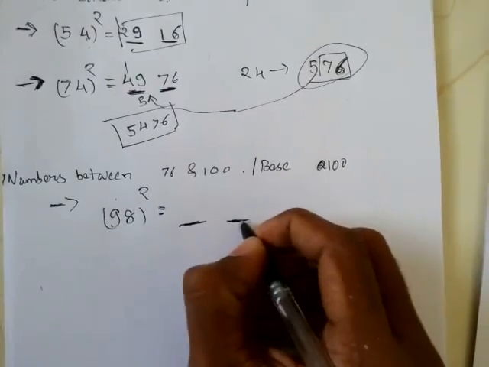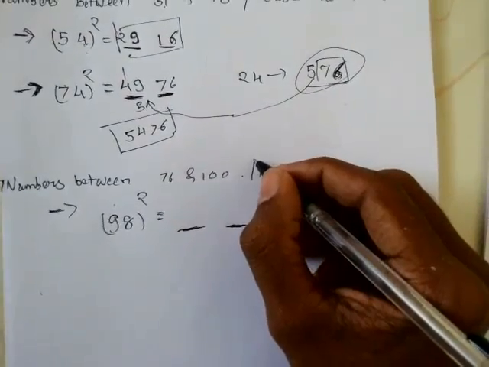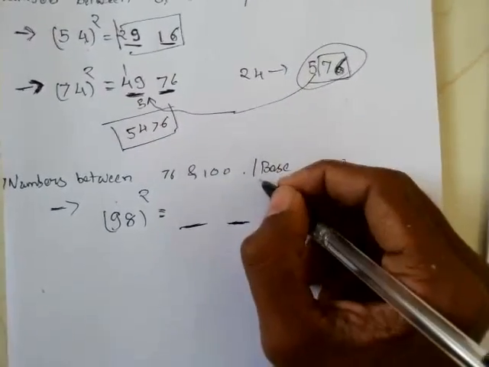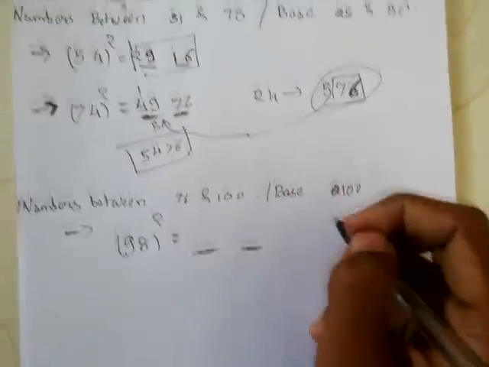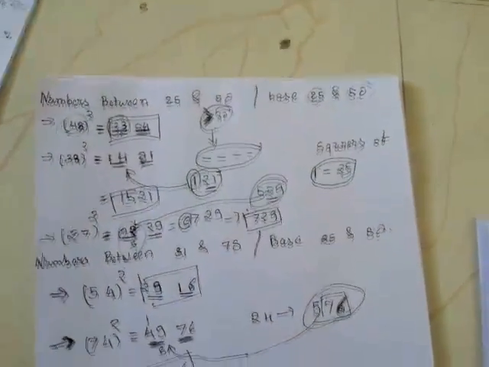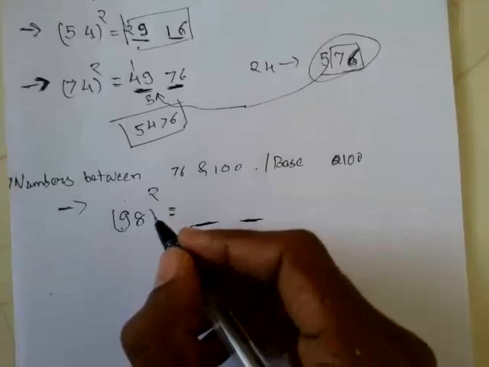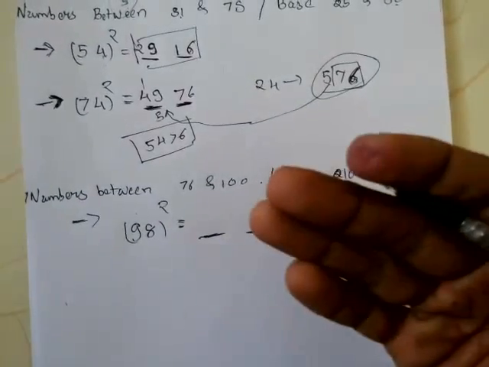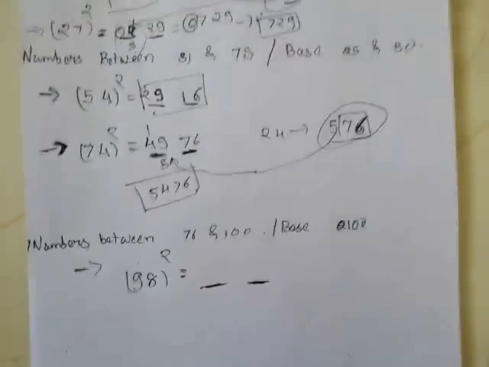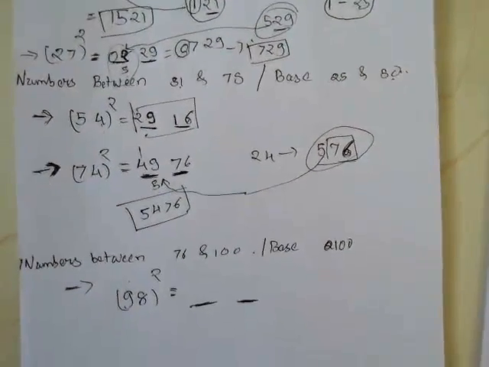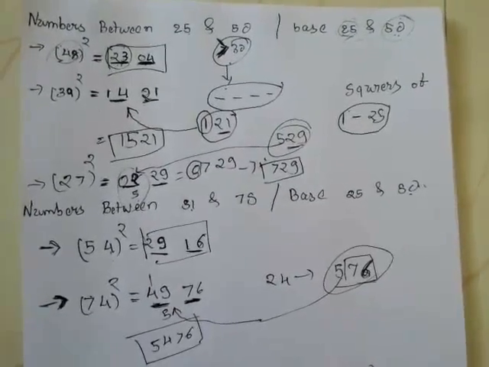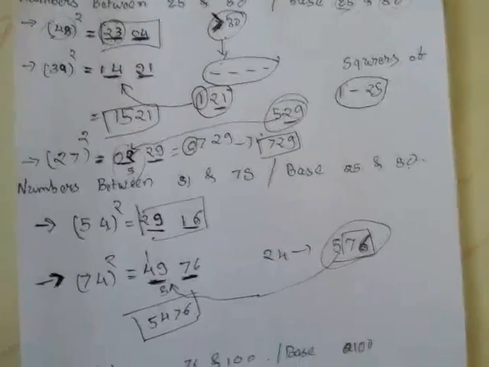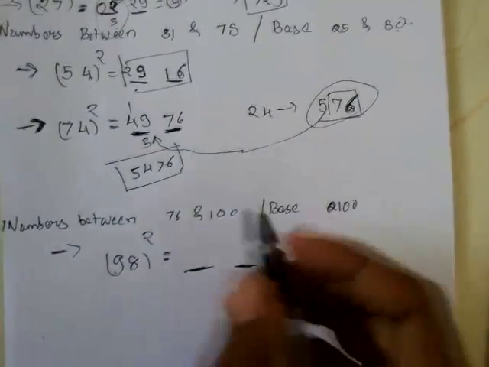It's also a 2-step method, but remember, for our third category, the base will always be 100. For the previous 2 categories, the base will be 25 and 50. Now the first step is somewhat different than what we have seen in the first 2 categories.